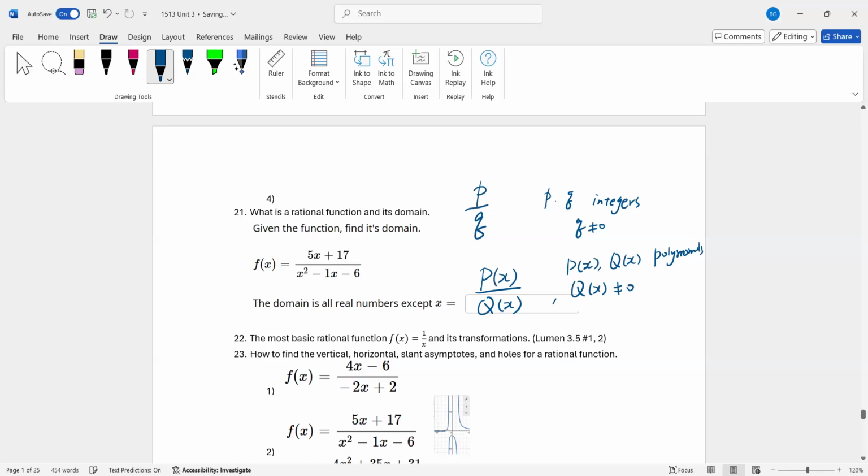Very similar, right? So I hope this can help you to remember the name of this type of function.